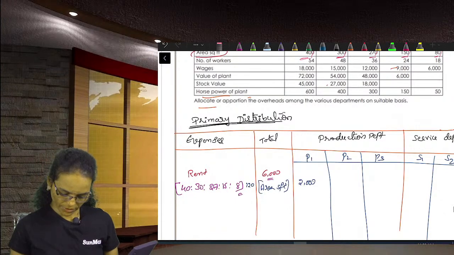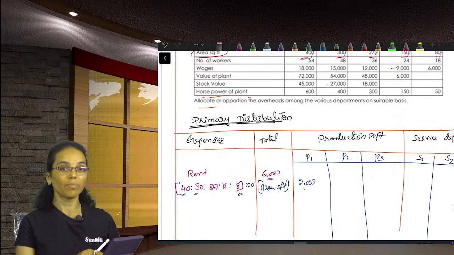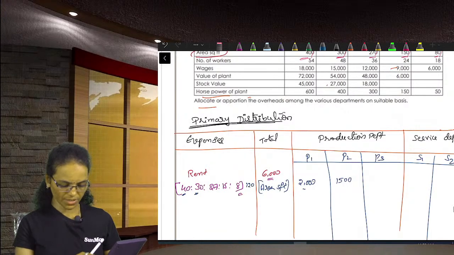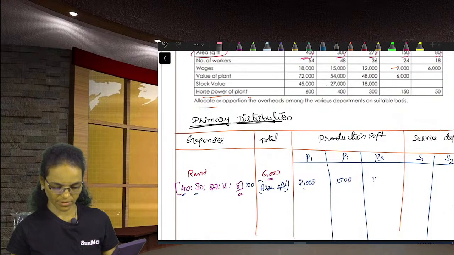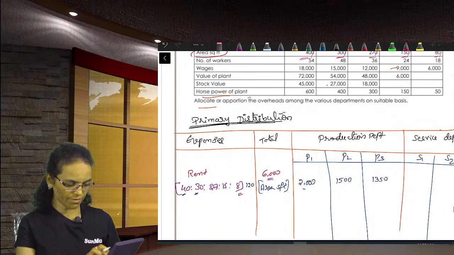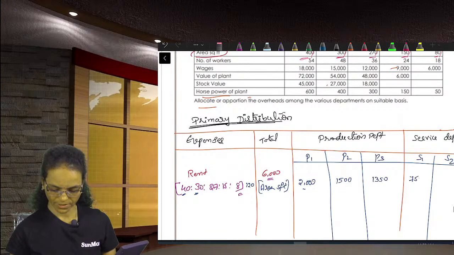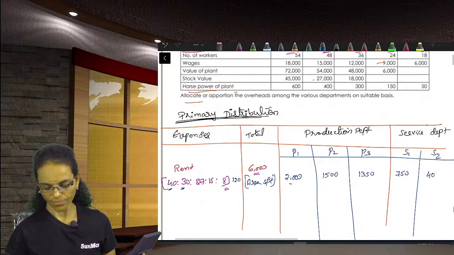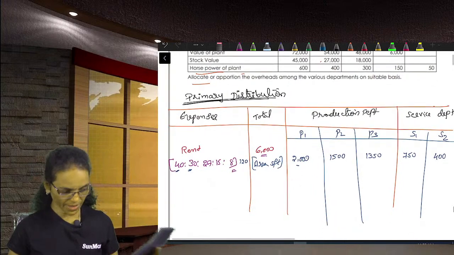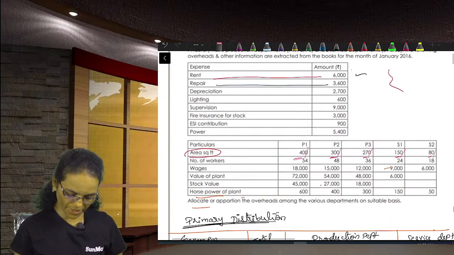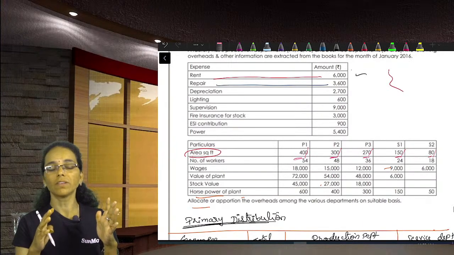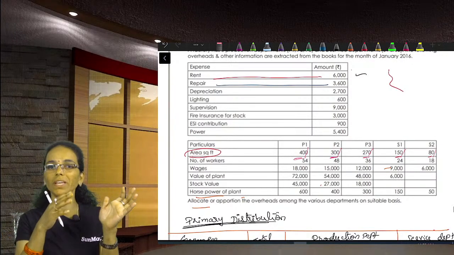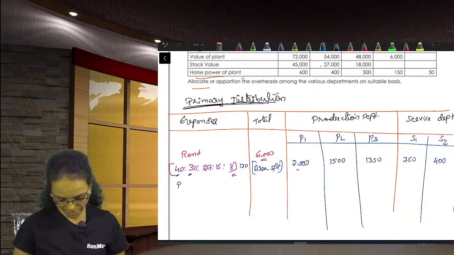You write here 120. 40 divided by 120 into 6,000 is 2,000 rupees, as per area square feet. Then for 30 we get 1,500 for the next department. 27 gives 1,350. 15 gives 750. 8 gives 400.